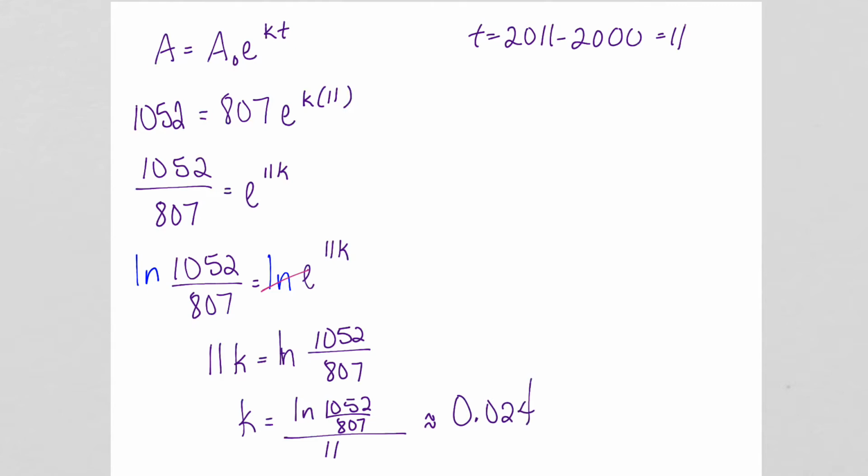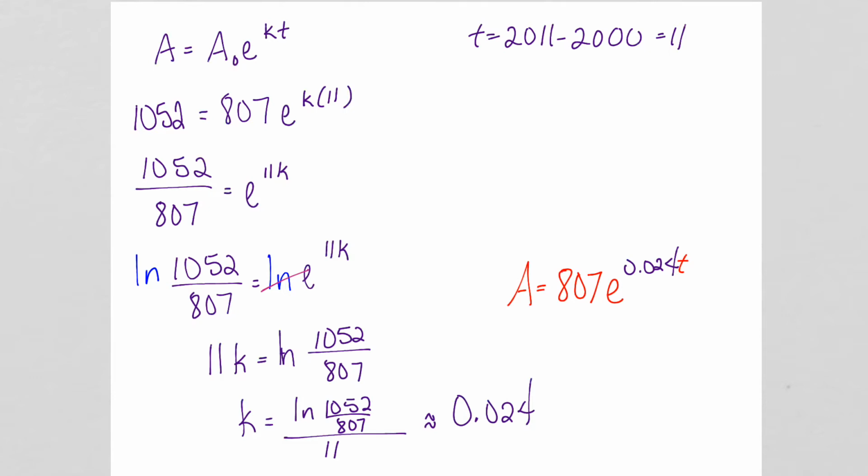Now with that information, we can write our equation. A equals our initial amount, 807, times e to the 0.024 times t. So t is our unknown, and A is our unknown.